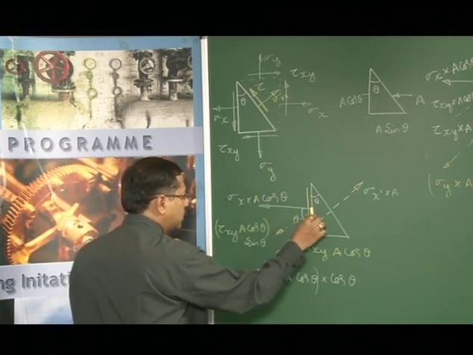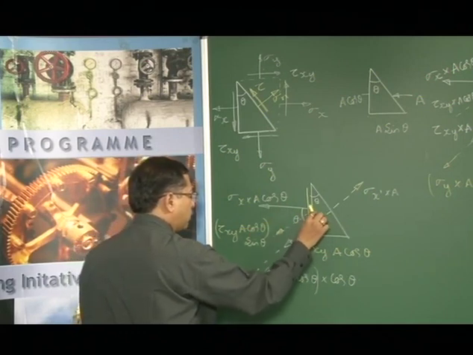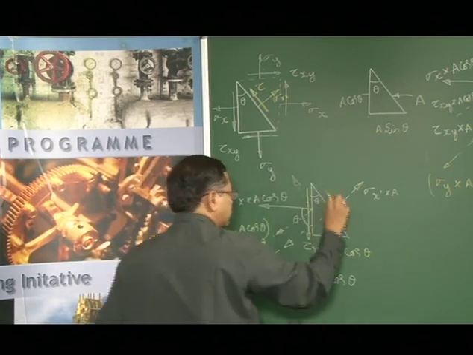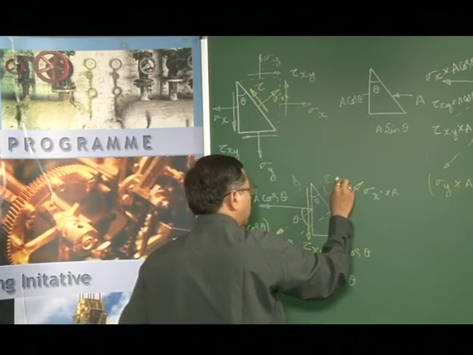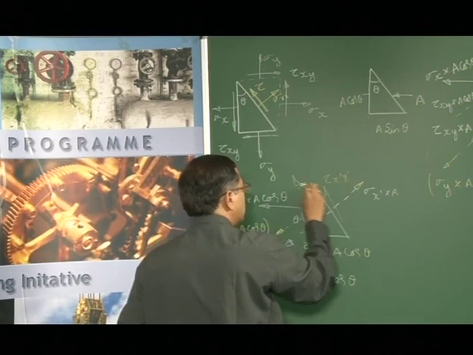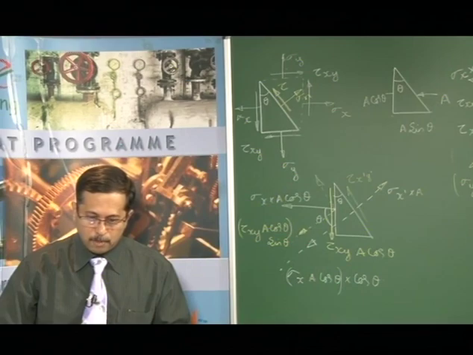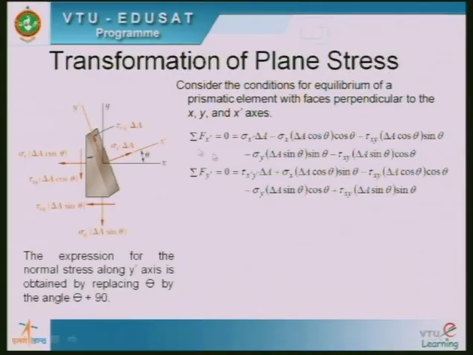So when I resolve this along and normal to this, I will get the sense to be this, which is the same as the sense of tau x dash y dash. So I get it to be positive. That would be sigma x delta a cos theta into sin theta.